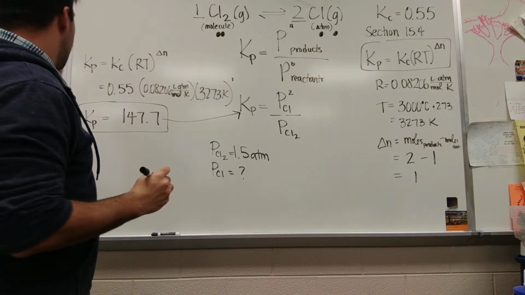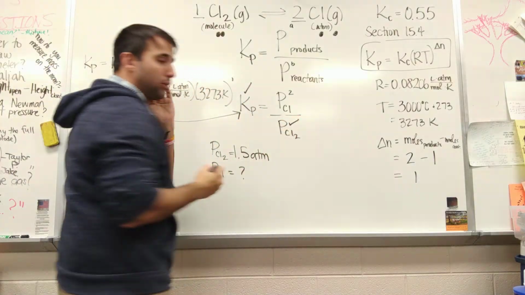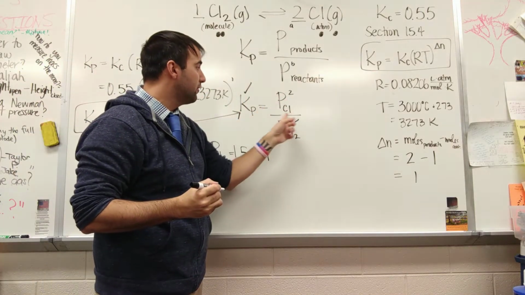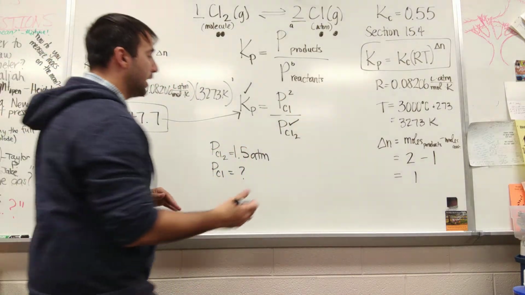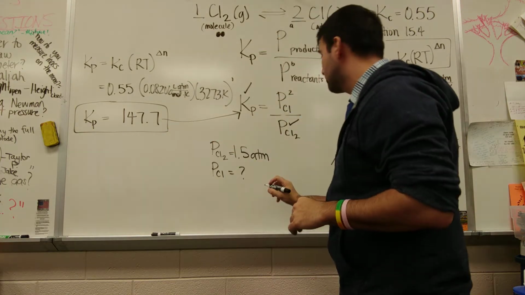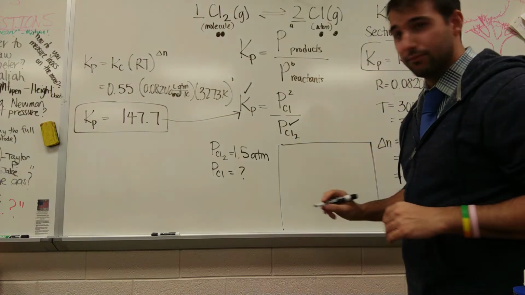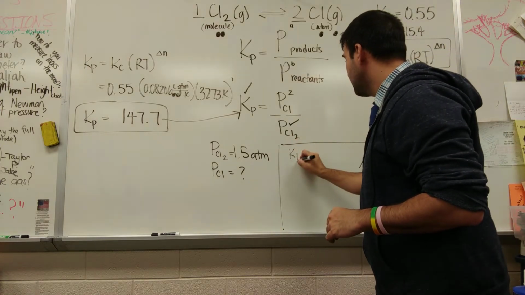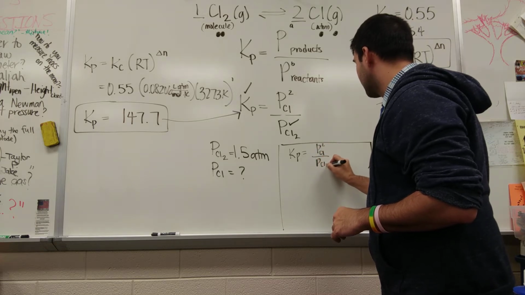And so all I'm doing now is I have my Kp, I have my PCl2, I'm just looking for PCl. So I'm going to plug in my numbers. My Kp is 147.7. So I'm going to do all of this work down here so we can see it. Kp is equal to PCl squared over PCl2.